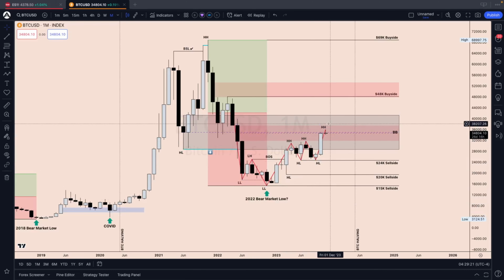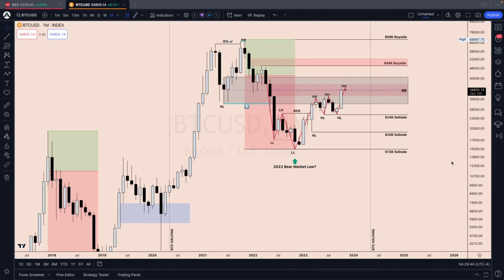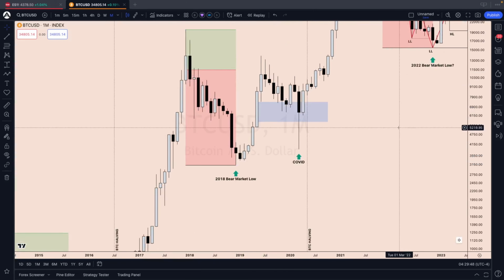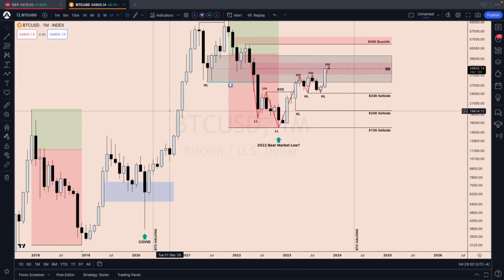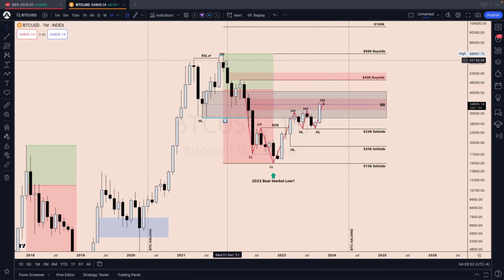To further explain the Bitcoin halving, it's time to take a look at our previous historical Bitcoin halving events. So now we are on a logarithmic scale to take a close look at what happened during the previous halving events. That's why the Fibonacci retracement tool, or this PD array, is slightly off.